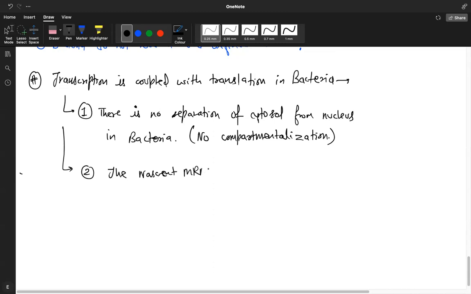The nascent mRNA does not require any post-transcriptional processing to become active.